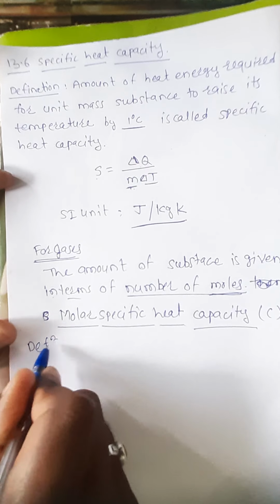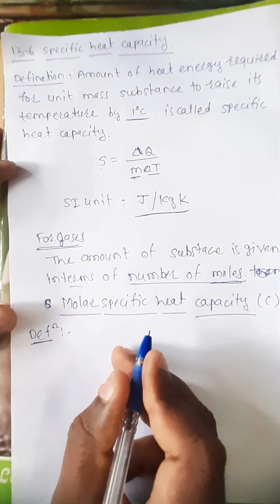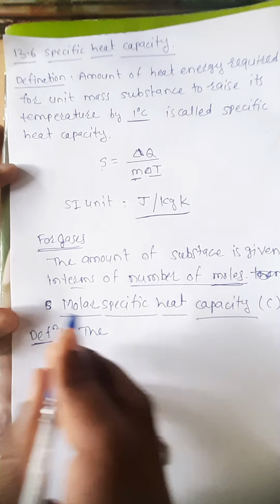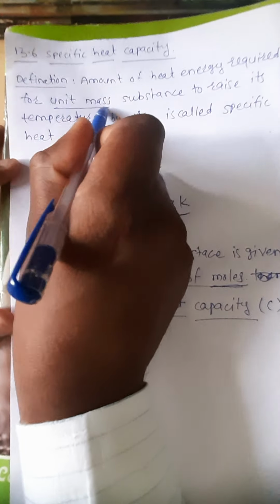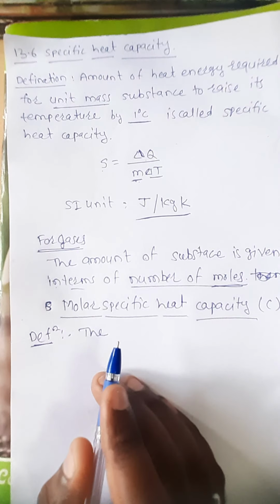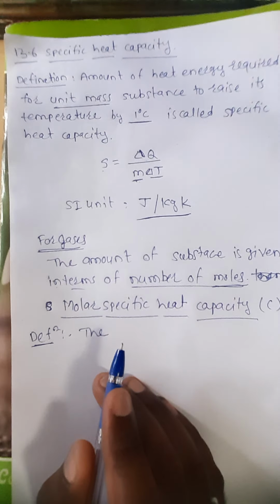Now the definition of molar specific heat capacity. Same as the amount of heat energy required for unit mass of substance, in place of unit mass we have to write the number of moles.